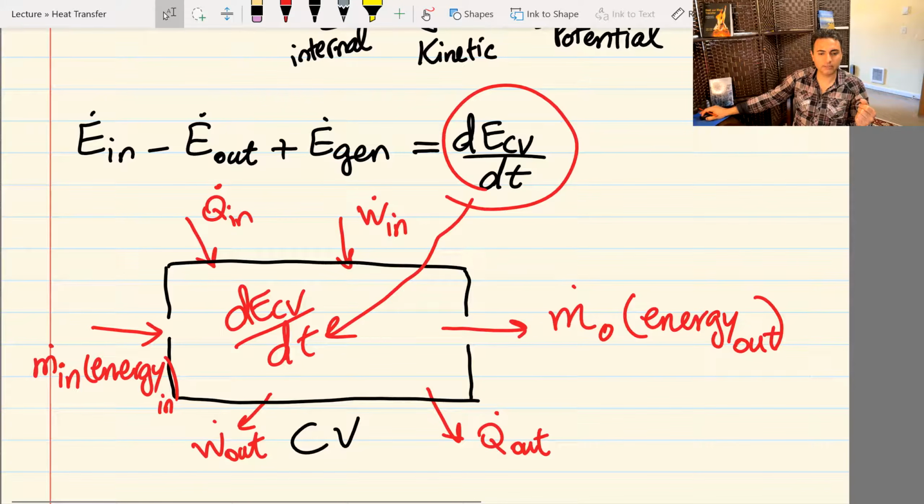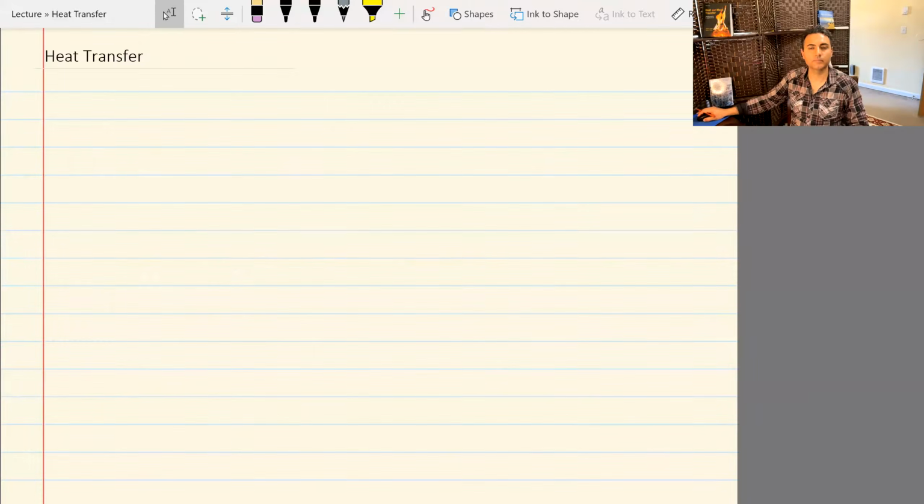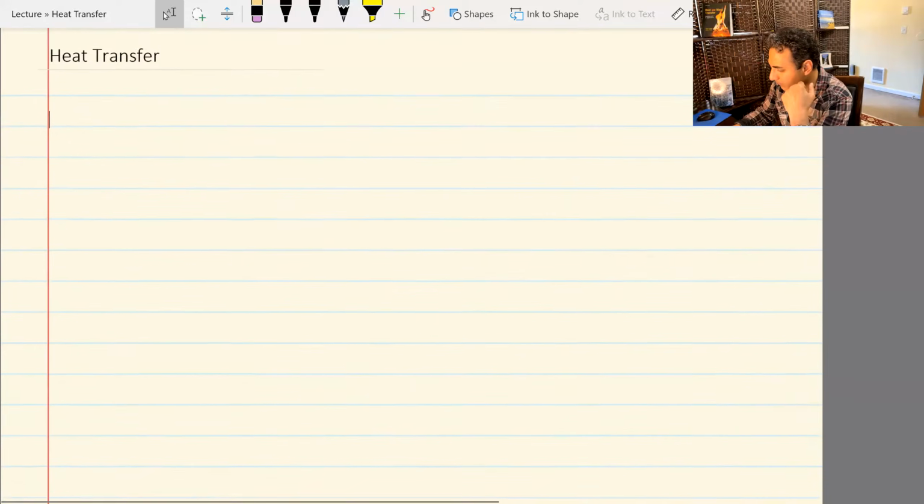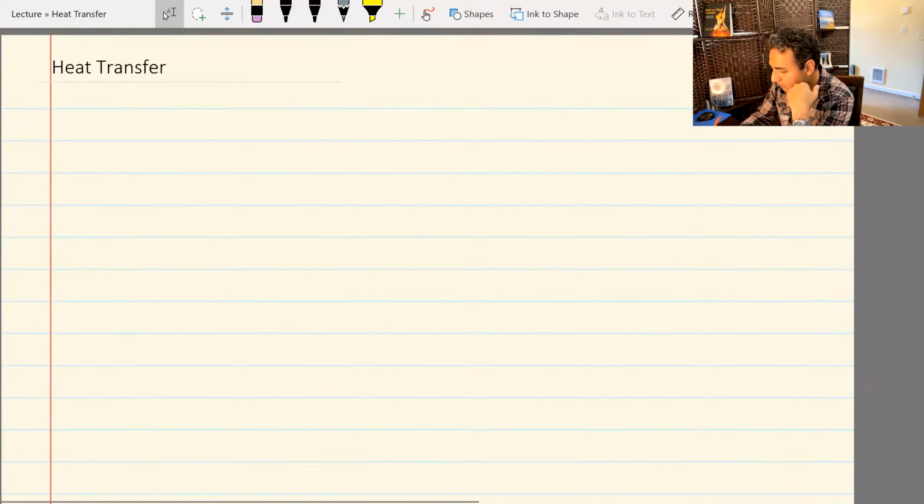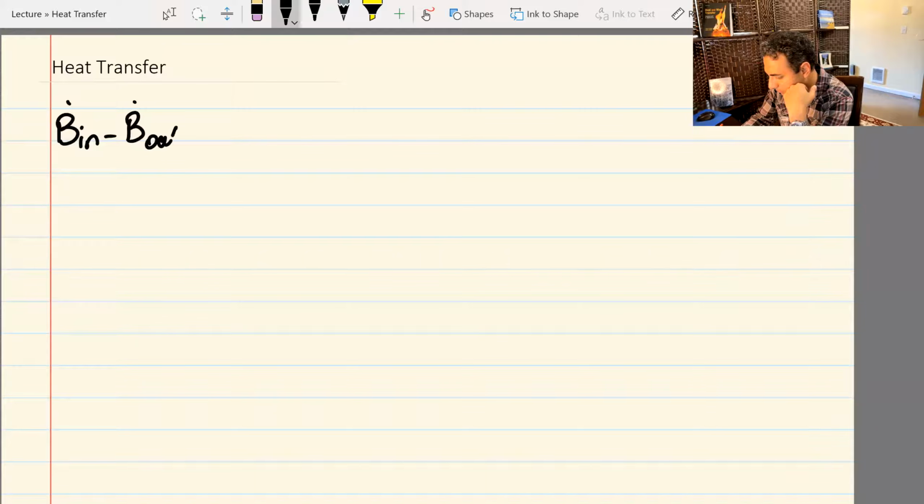All right. So let's derive the first law of thermodynamics. Let's see what we have. We said Reynolds transport theorem says that this is what we were looking for: B dot in minus B dot out plus B dot gen equals dB of control volume dt.